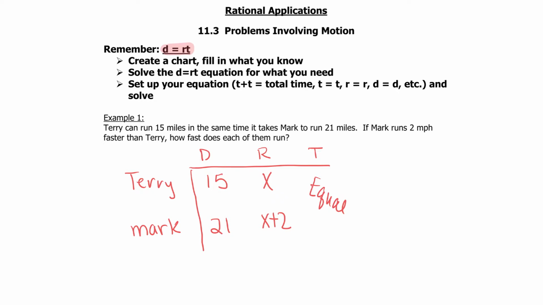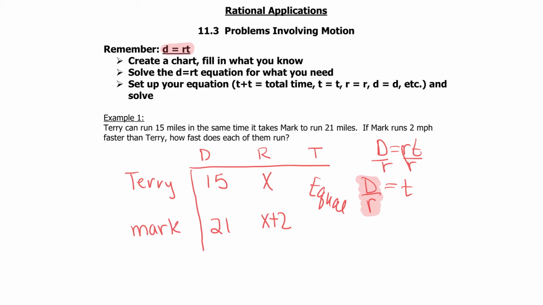And so we're going to manipulate the D equals RT formula to get time by itself. So you would have to divide both sides by R, and that would give us our time. Since we know that their times are equal, we're going to take the distance divided by the rate for each of them and set it equal to one another.